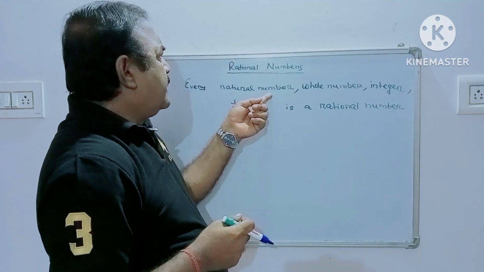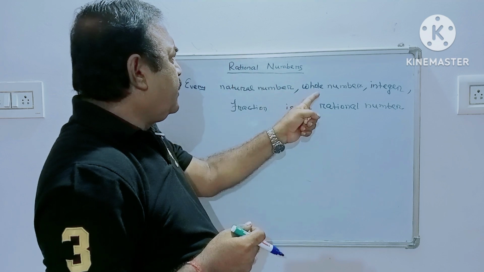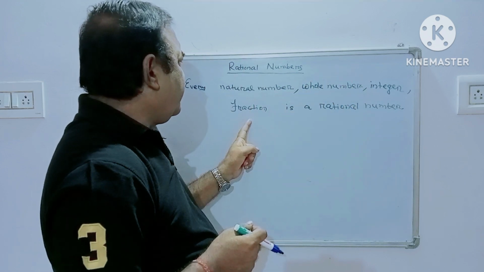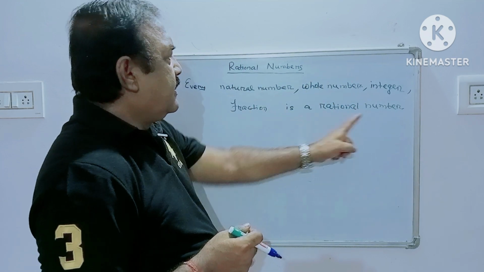Each natural number, every natural number or every whole number or every integer or every fraction is a rational number.